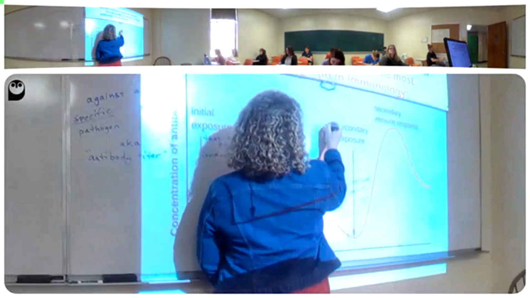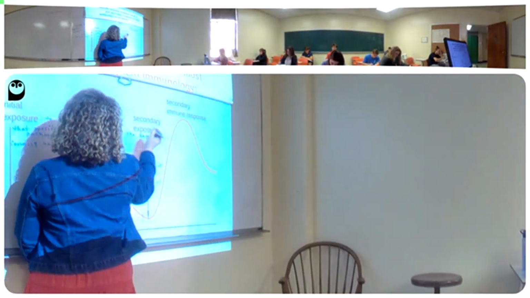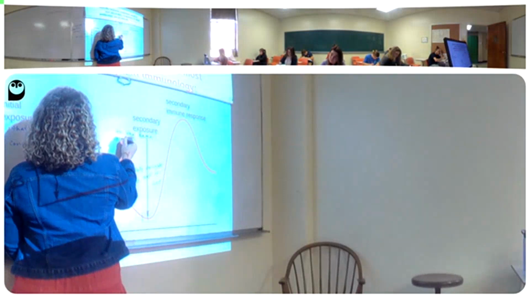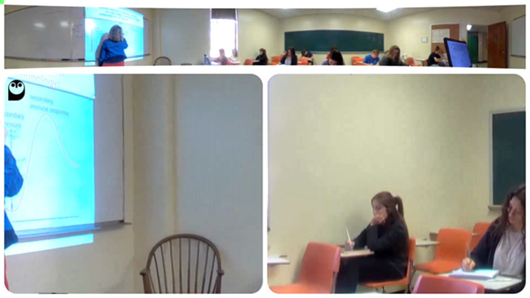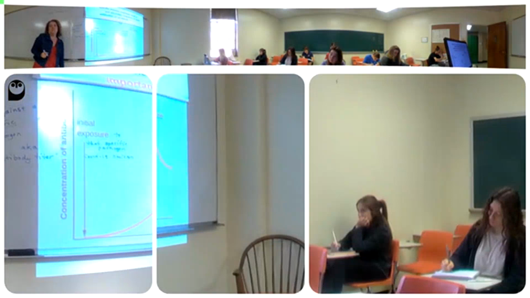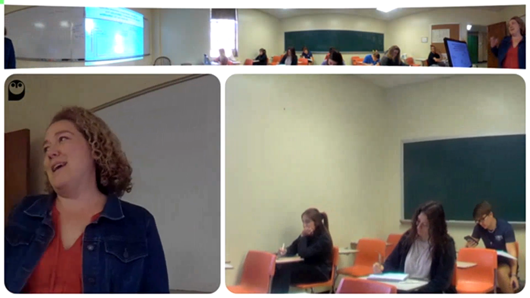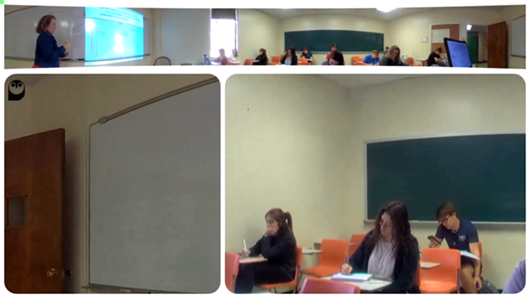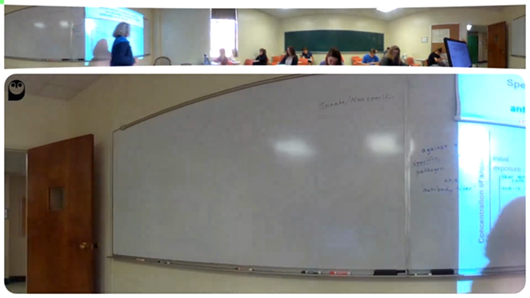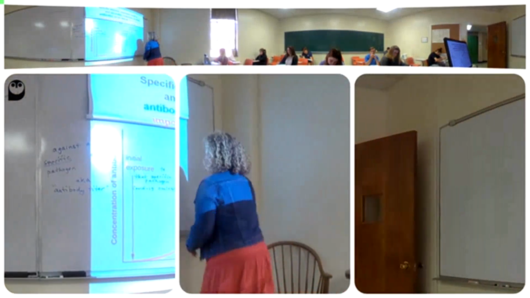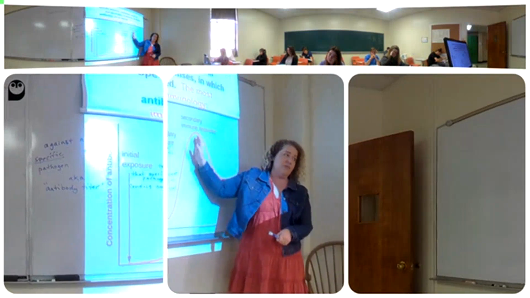A secondary exposure has to be to the same specific pathogen. Put the same in quotes. It needs to be the same thing, not a different thing, not a mutated thing, the same one that you saw before. And if you have developed specific acquired immunity, the next time that you are exposed to that same thing again, you suddenly get a much quicker and larger production of antibody.